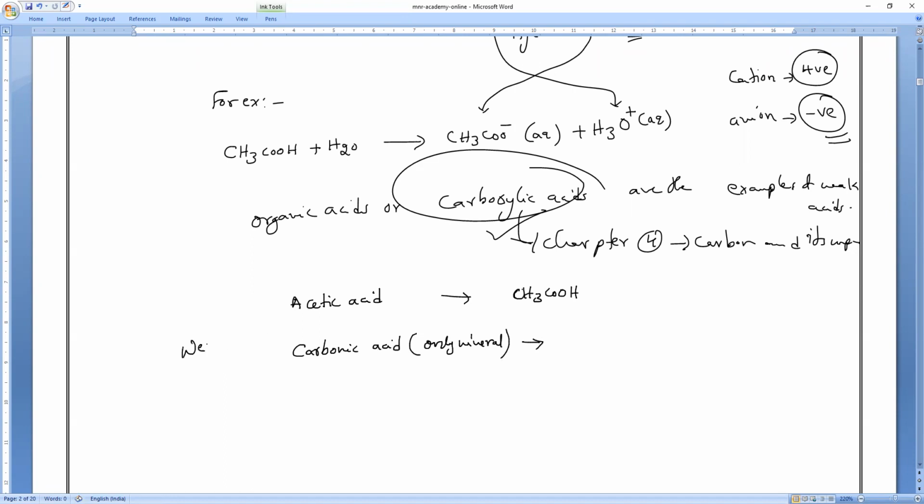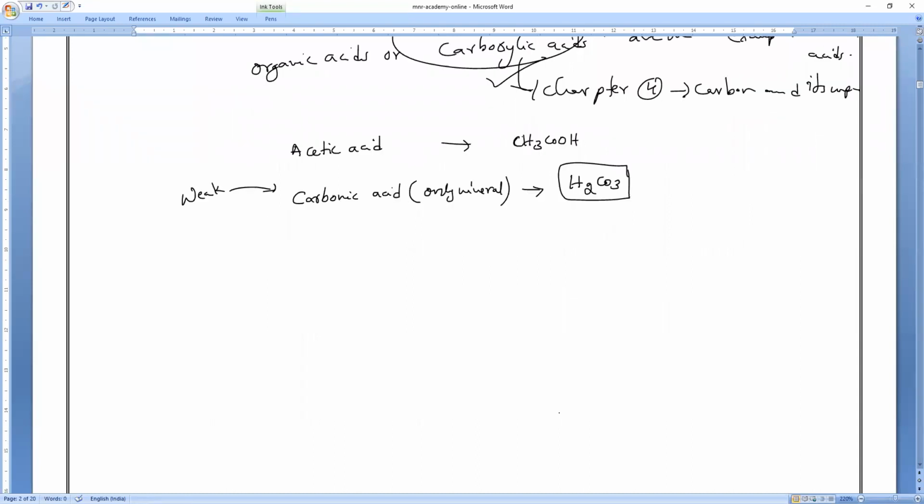The formula is very important: H2CO3. Repeat it twice and learn it. Next, phosphoric acid, whose formula is H3PO4. This is also a weak acid.